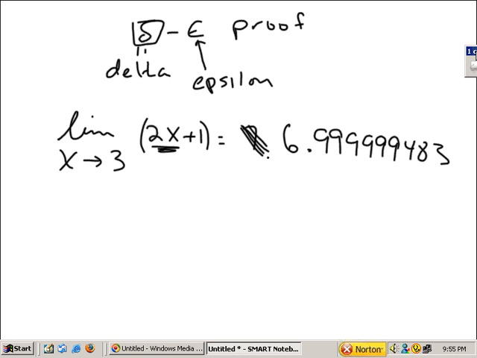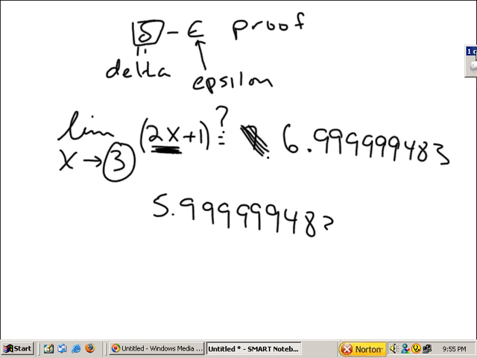Because, like I've always said, x can never be 3. What happens when x gets really, really close to 3? Can the limit be 6.999999483? Because when x is really close to 3, you multiply that number close to 3 by 2, and it's not unreasonable to say this is what I get.